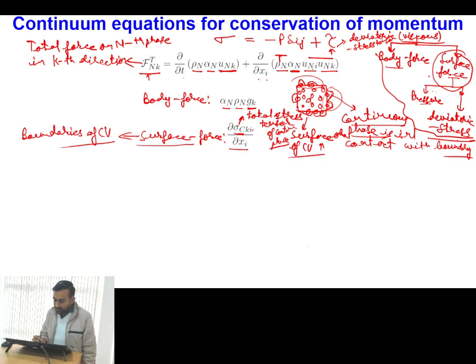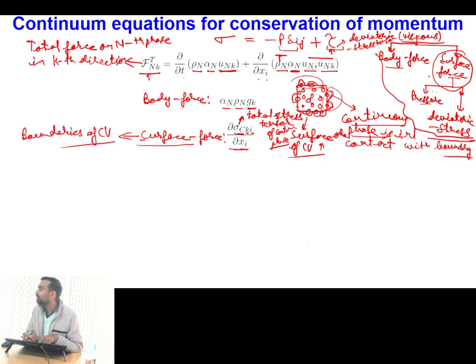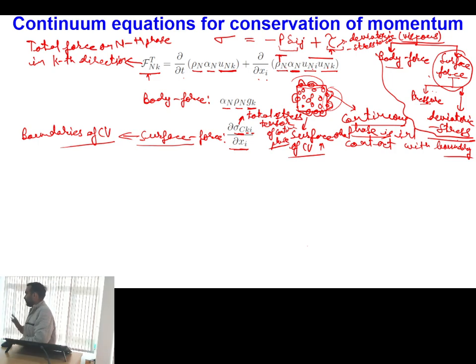So this is sigma c ki, because it's a tensor quantity, so it will have a direction as well as a plane. So it has two indices i and k, and this del by del xk is my representative. All are clear with this idea? So it is the total stress tensor. Total stress tensor means it includes the pressure term and also the deviatoric stress.